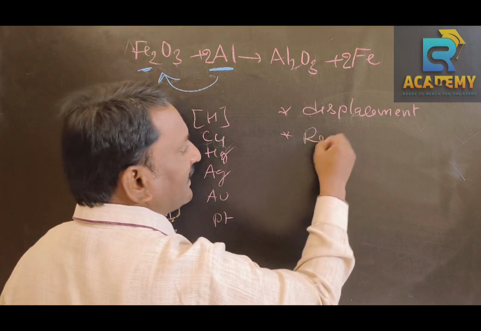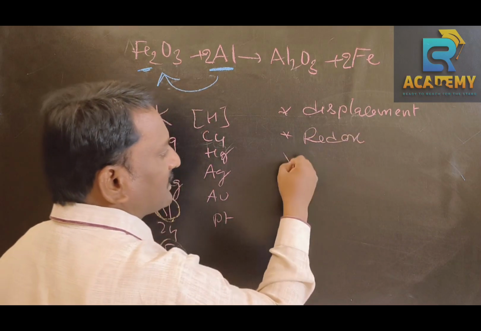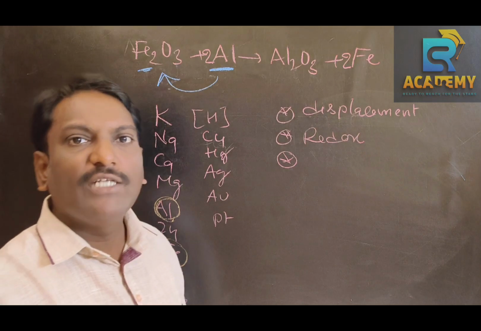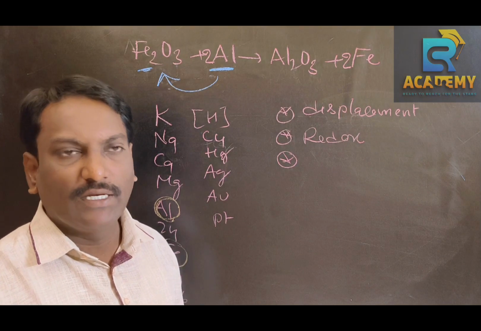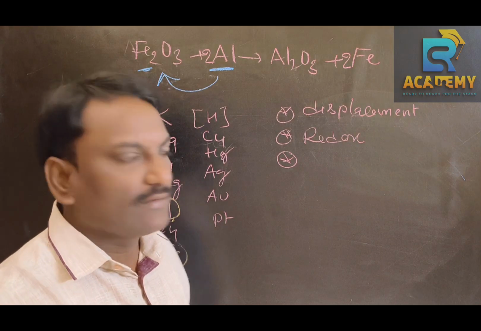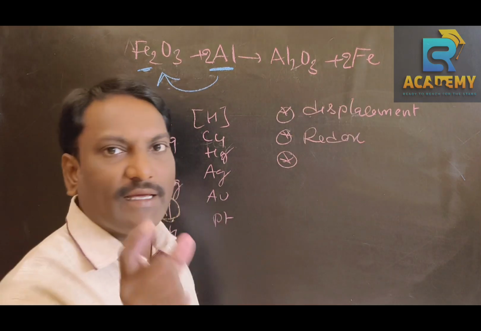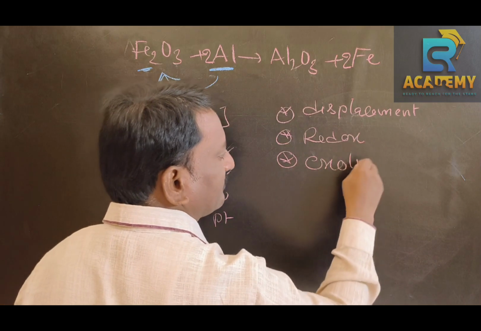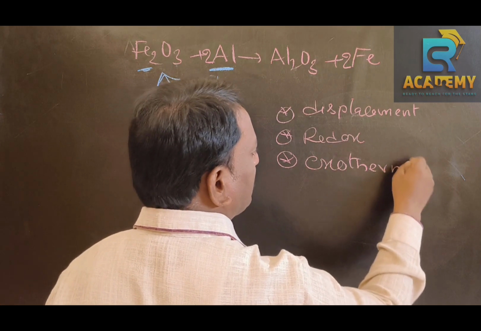So this is a redox reaction. During this reaction, a large amount of heat energy is evolved, enough to melt the iron. So here you will get molten iron. So it's an exothermic reaction.